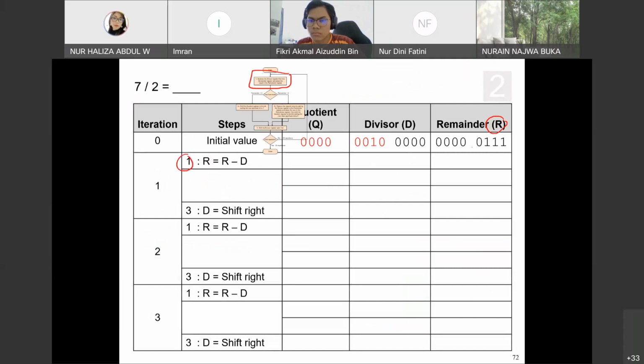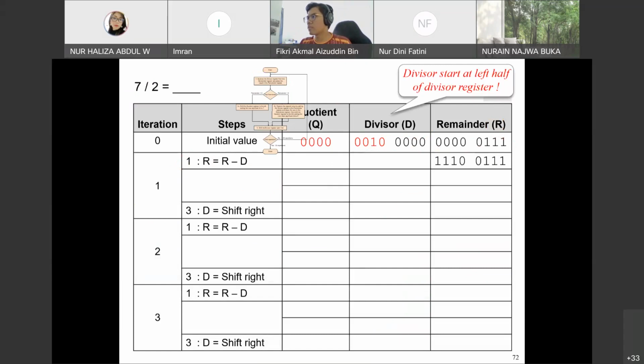Over here, you're going to divide with this and this one. What is your answer? You will get this solution. And then you compare to see whether your remainder is more than 0 or less than 0.